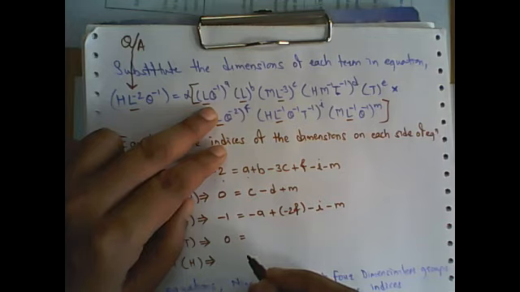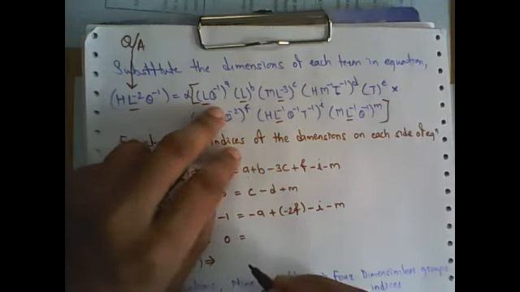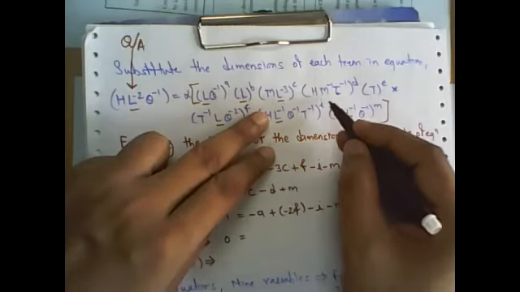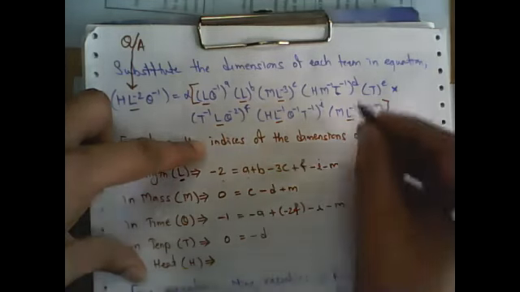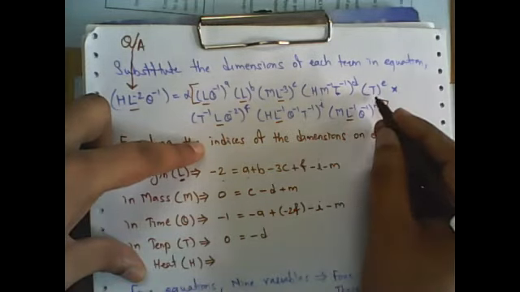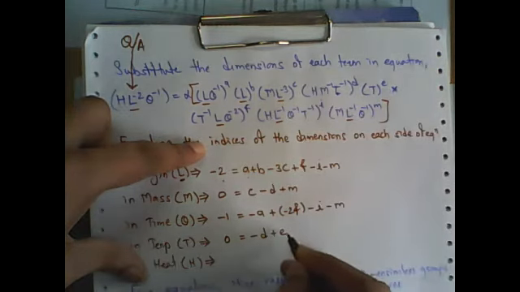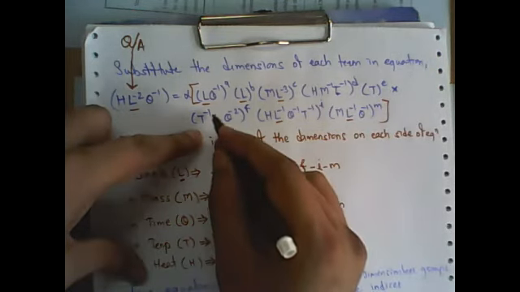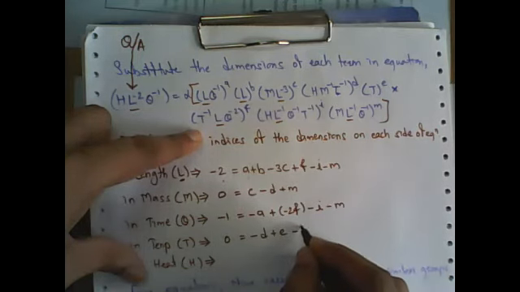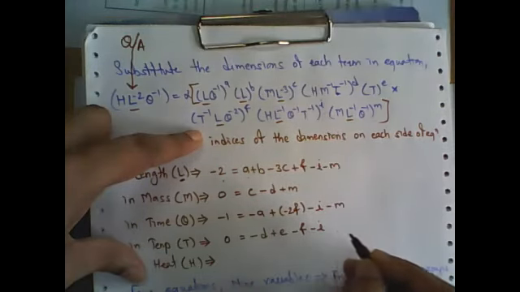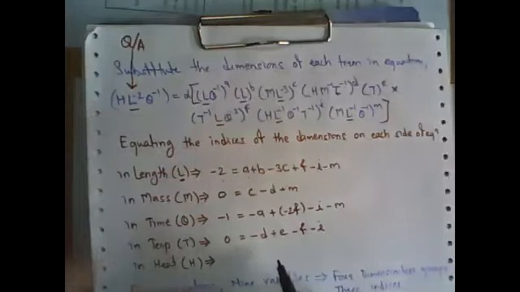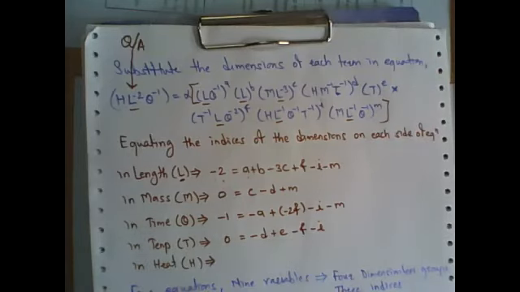Now on the right hand side, here no T, here no T, here no T. Now here T raised to -1 into D, so it is minus D. Then here T raised to E, so here plus E. Here T raised to -1 into F, so it should be minus F. Now here T raised to -1 into I, so minus I. Now here no T. So in terms of temperature, it is 0 equal to minus D plus E minus F minus I.